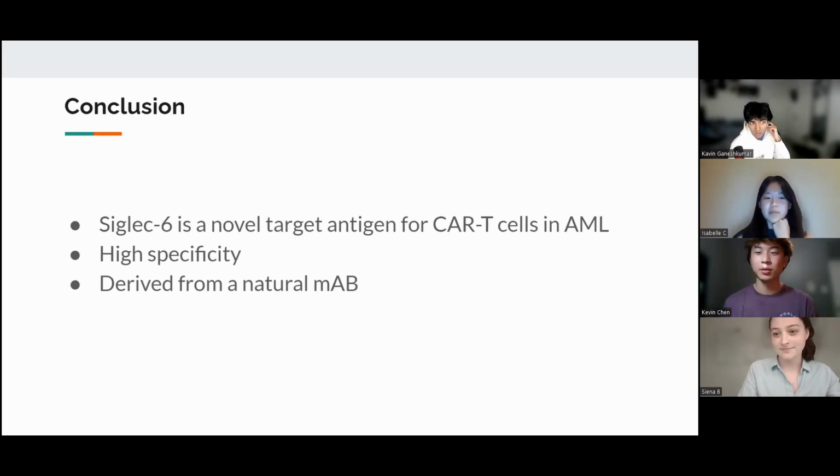And another really cool part of Siglec-6 is that it's derived from a natural monoclonal antibody. I think it was actually also in the visual abstract, JML1. Yeah, that's obviously good because let's say you're doing things like donating organs. Oftentimes, you have organ donors, right? Their organs might get rejected from the host body, or with blood donations, not everything might be compatible with each other due to various sources.